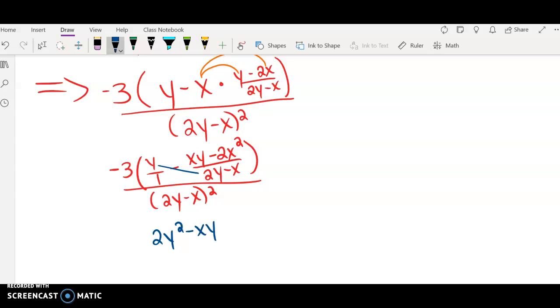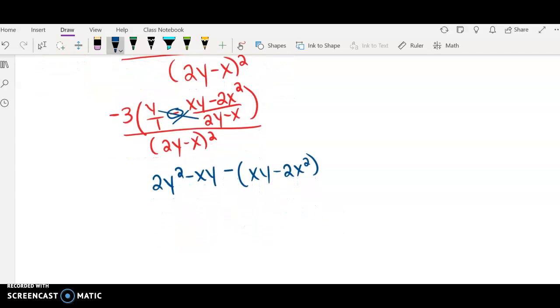Then that's going to be minus, and the reason I did minus is because that was a minus sign there. And then I'm going to multiply this way. Because that's xy minus 2x squared times 1, nothing's going to change. But because I have a minus sign there, I am going to put that entire expression inside of parentheses.